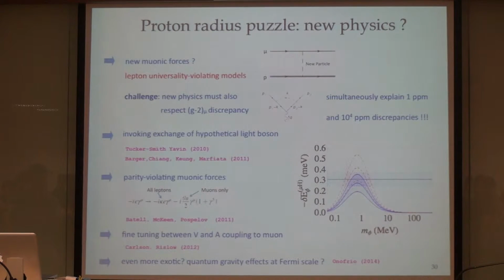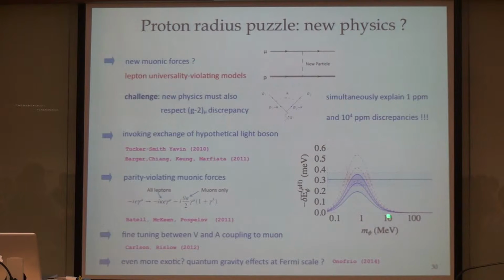And just for the fun of it, I saw that some Harvard theorists proposed a more exotic explanation, like quantum gravity effects at the Fermi scale. So these are just a few of those possible explanations, but what I'd like to emphasize is that they're heavily constrained by the g minus 2 of the muon.